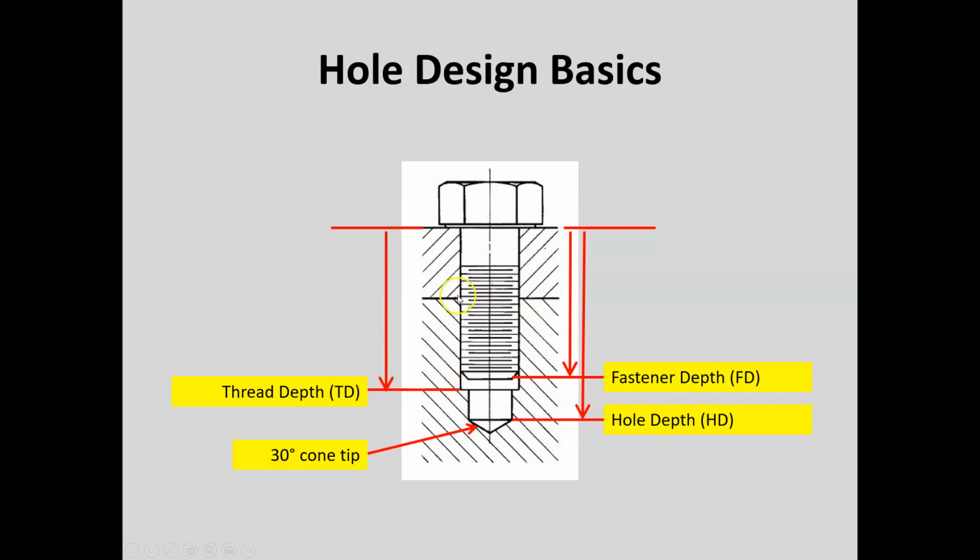This is a clearance hole, so this is the part that's tapped. We tap a portion of that, and when you tap the hole, it's going to open it up to a larger diameter because you're cutting threads into the material. And so this is the thread depth. And then we have the conical tip from the drill bit on the end. The fastener is going to go down this deep, so that's the fastener depth.